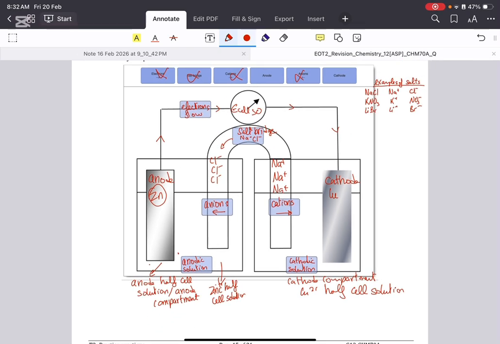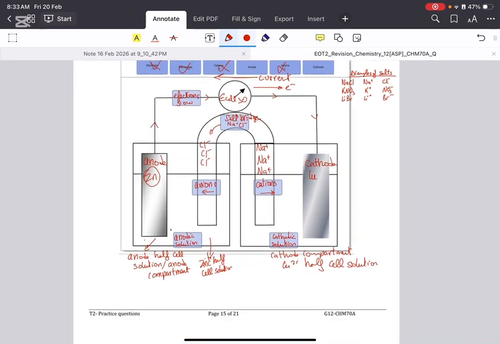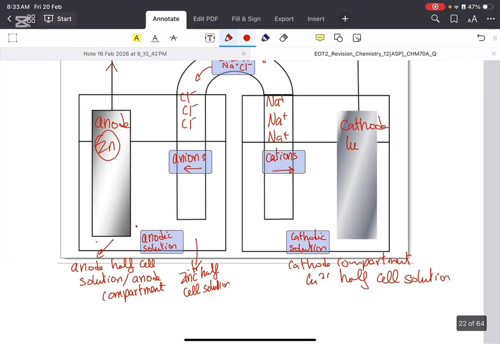If I want to talk about the direction of flow of the electric current, the electric current goes opposite to the electrons. The electrons go this way. And I think that's it. What else can I write? Here, there's a gain of electrons.